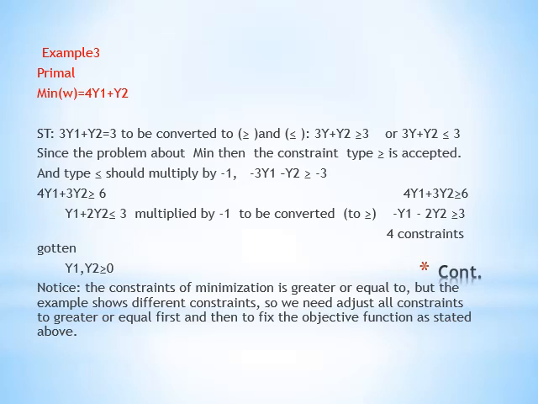One of these constraints is suitable to the problem of minimization, which is 4y1 plus 3y2 more or equal 6.